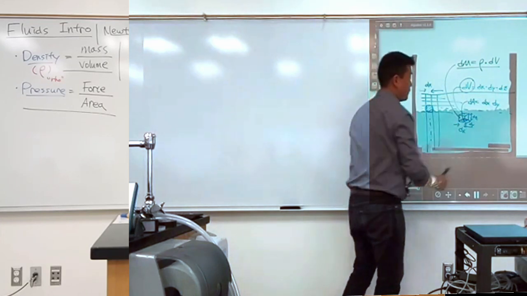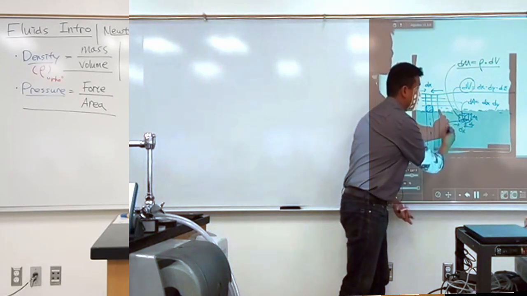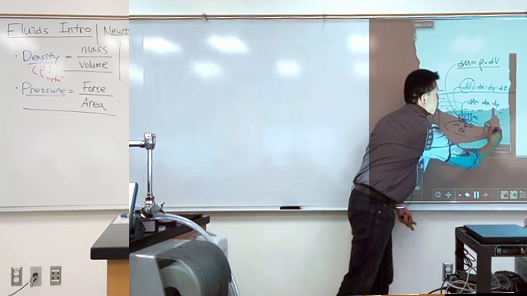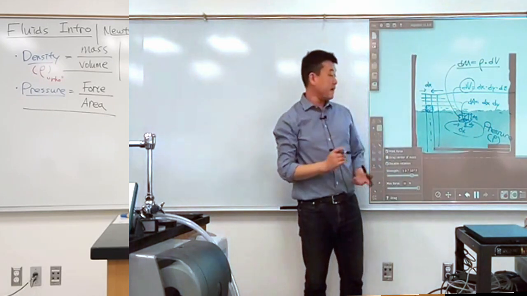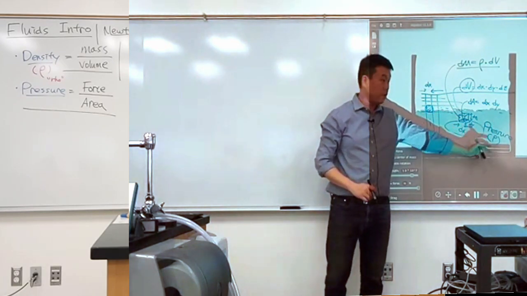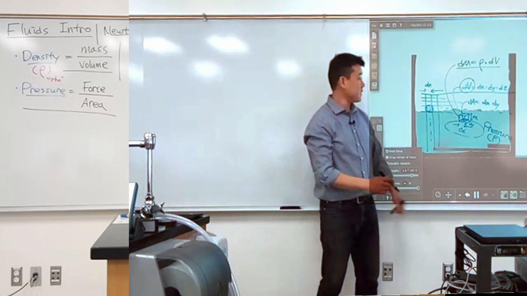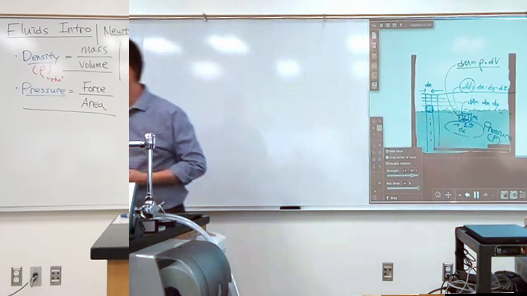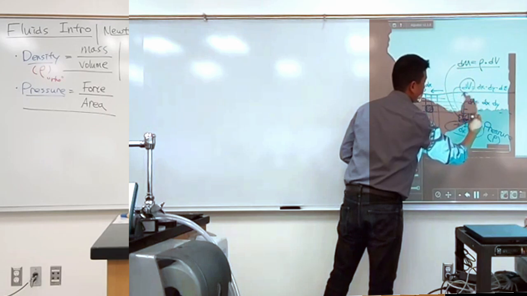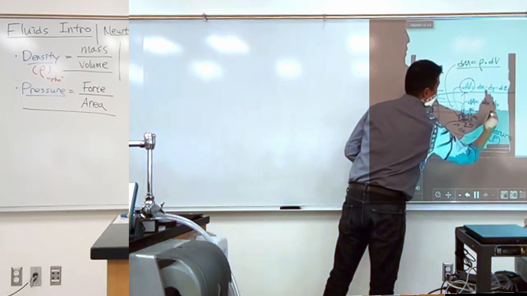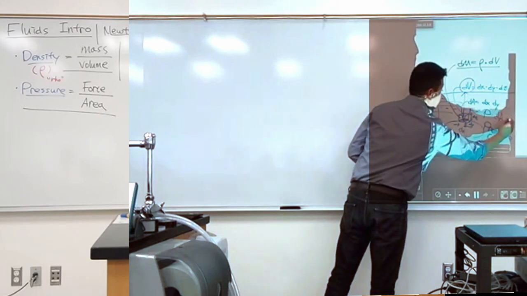That's my sort of area of this element. And if I know the pressure down here, let me just call it capital P, then I can relate this pressure to the amount of force on the bottom surface of this element. I can say on this object, there is an upward force that can be described as pressure times the area.